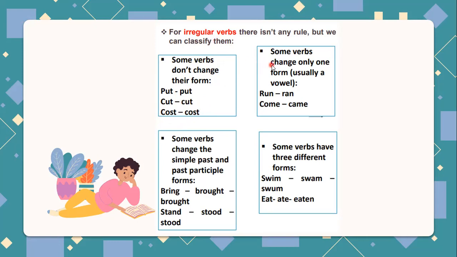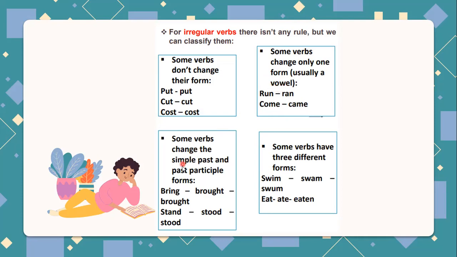Some verbs change only one form, usually the vowel letter. For example, run becomes ran. So I'm changing the vowel letter U to an A. Or come becomes came. Begin, began. So some verbs only change one form, and mainly it would be the vowel letter.